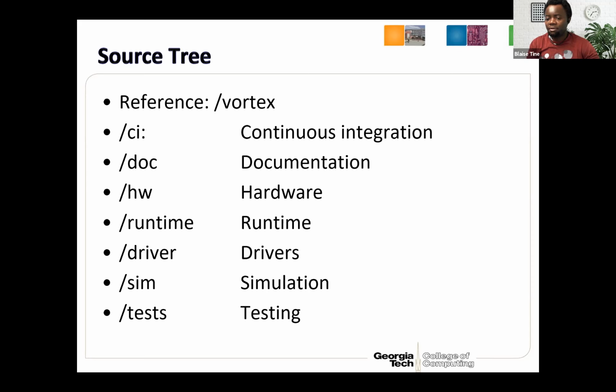The runtime, the driver, the simulation is under the sim folder. So Vortex has a couple of simulators. I would say in total we have 4 simulators. 3 of them are located here, and the other one is part of the FPGA simulation. And then the test source tree is the last one.